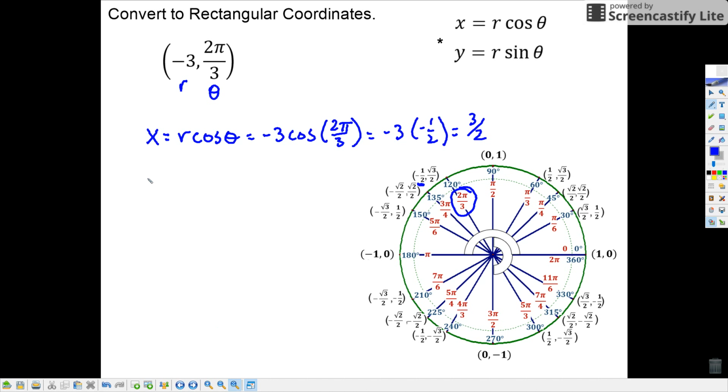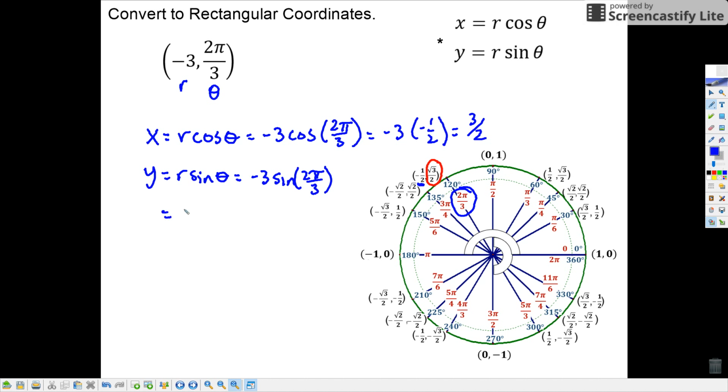Now we're going to do the same thing to find our y value, except we're going to use sine of theta, so it'll be r sine of theta. That's -3 sine of 2 pi thirds. Once again, we go to the same coordinate right here, but this time we're going to find our y value, which is square root of 3 over 2. And due to room, I'm going to put this down here.